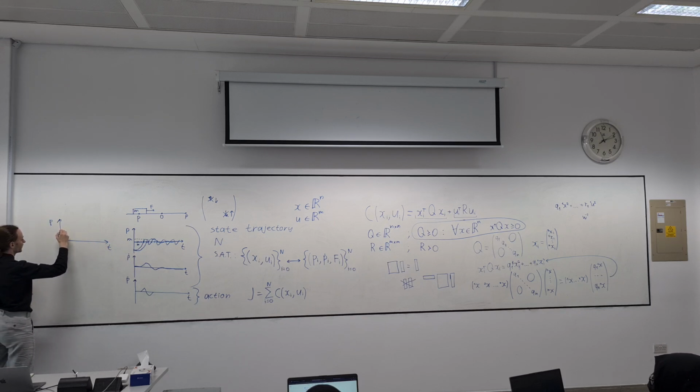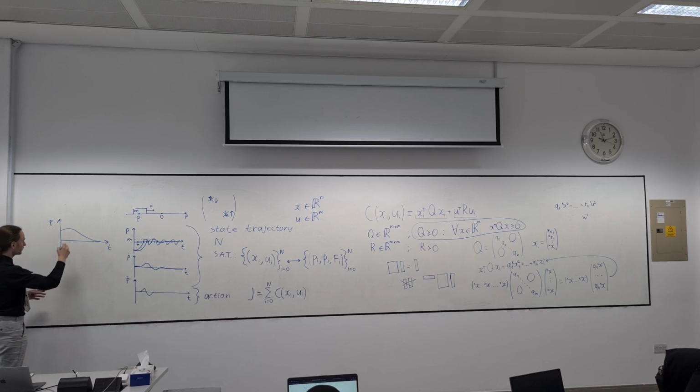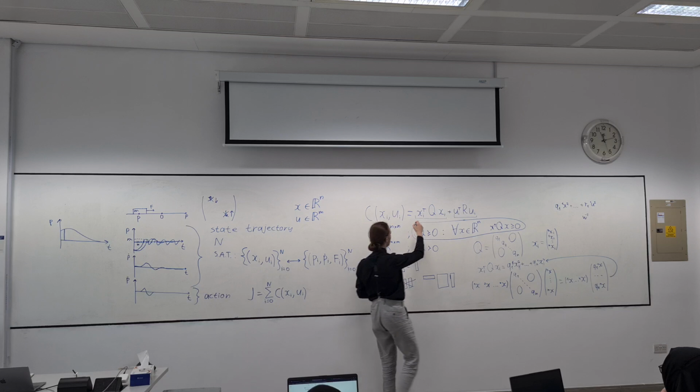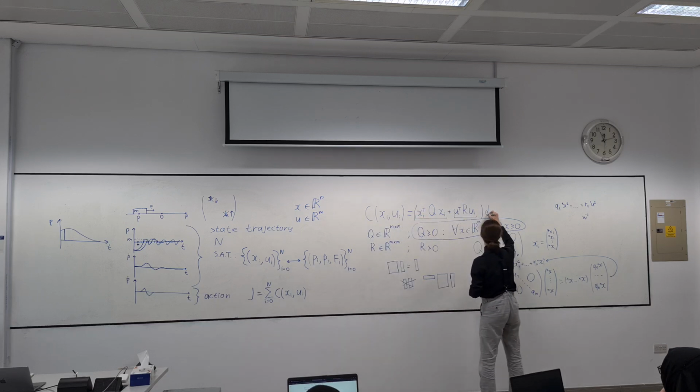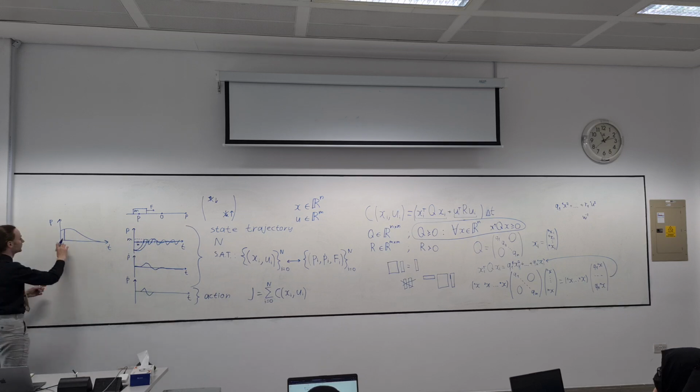Imagine that this is the plot of the position. What we are doing with this kind of summation: first we square this delta value according to the Q matrix, and after that we have to multiply it by dt.